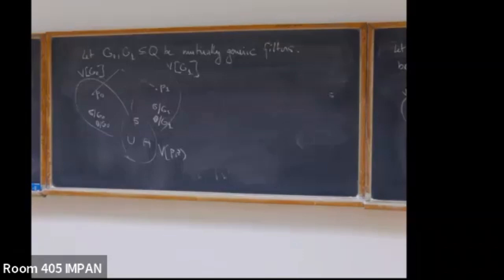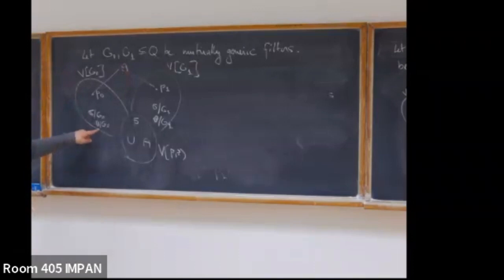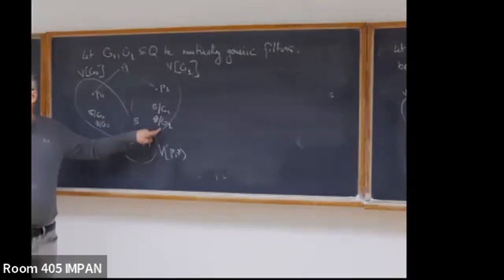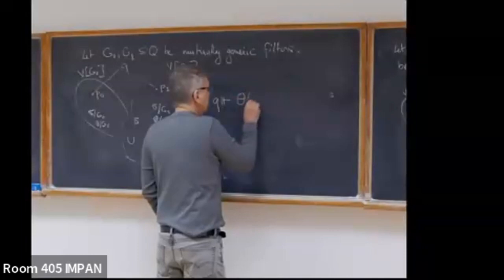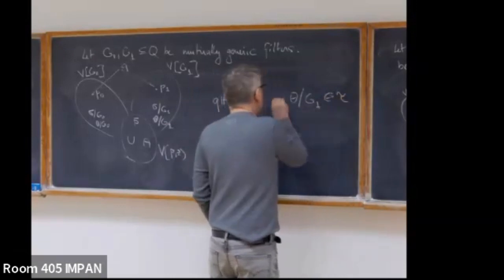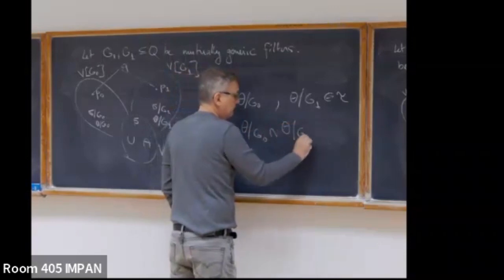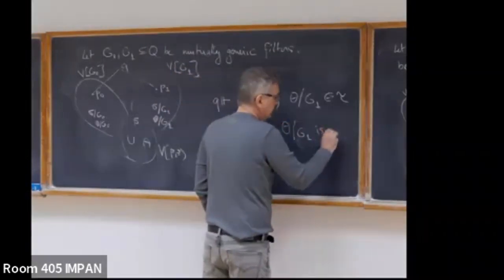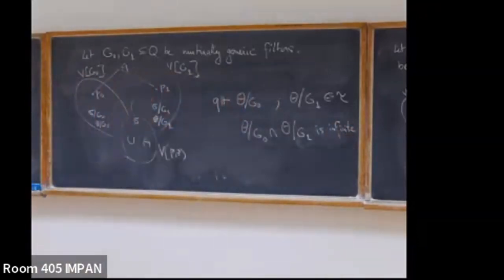Now, if you look at the common lower bound, the common lower bound forces this one and that one into tau, and you force sigma, theta over G0 and theta over G1 in tau, and these two have infinite intersection. Well, that is a contradiction.